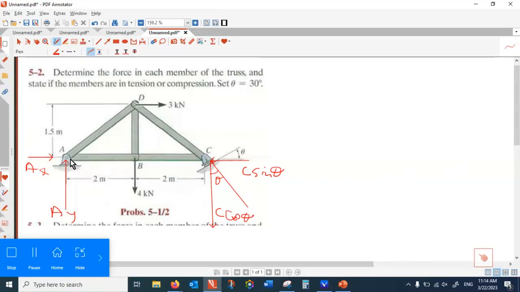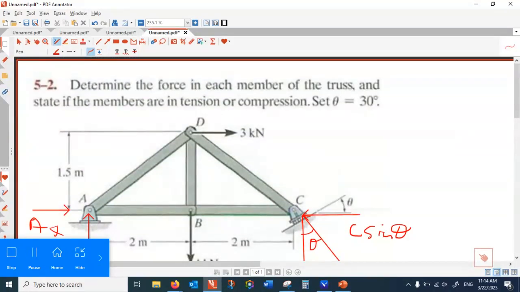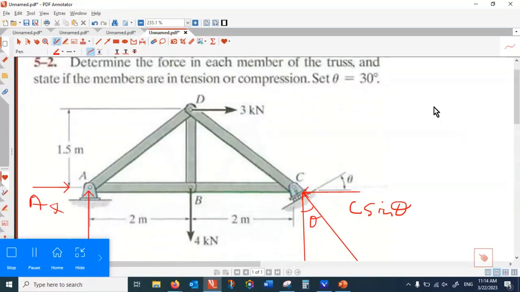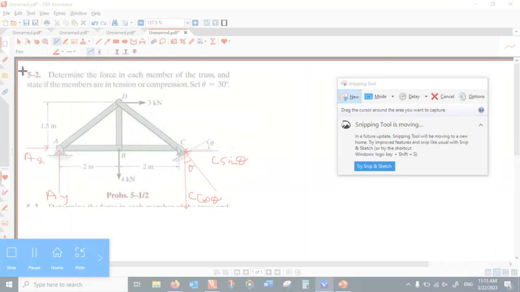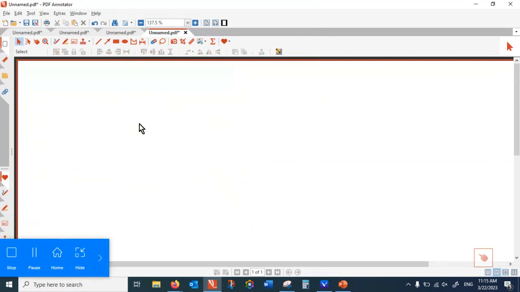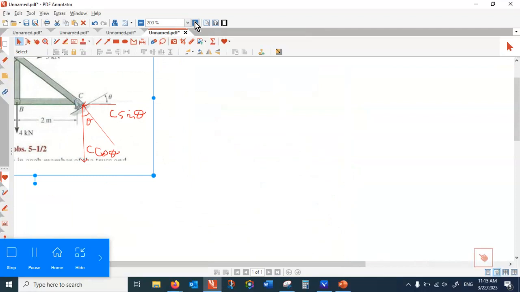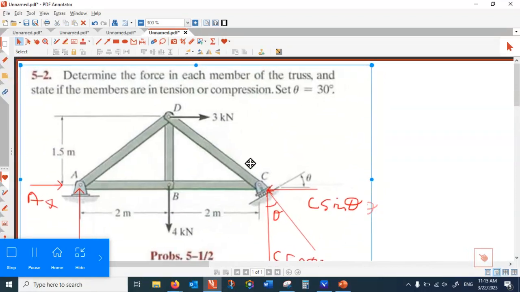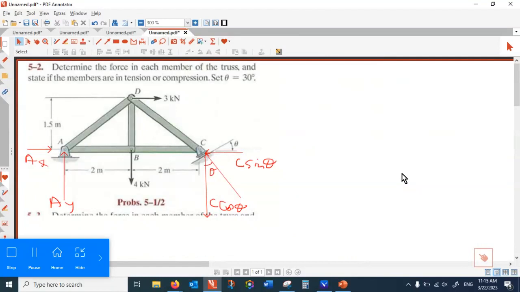I think the easiest one is to take rotation with respect to A. All right, I start with rotation with respect to point A.